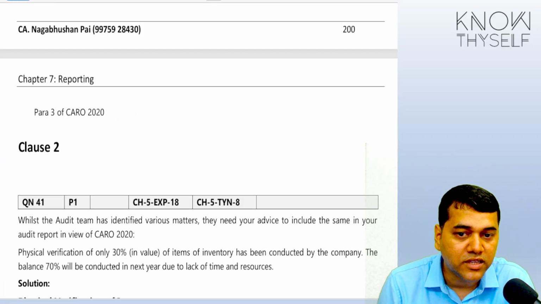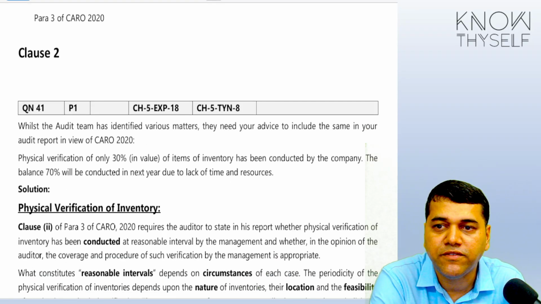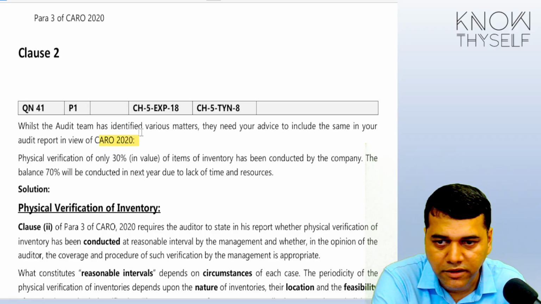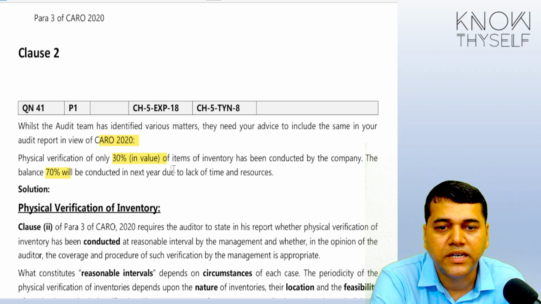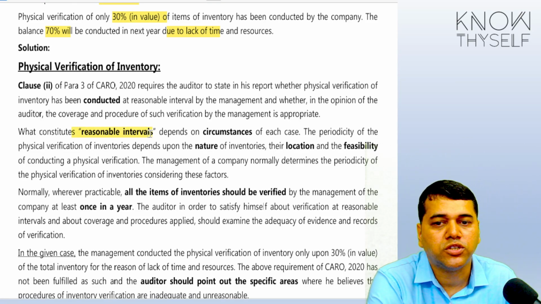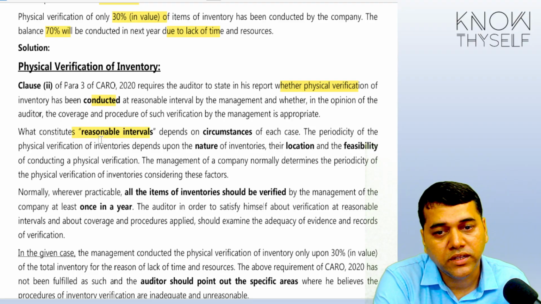Yes, now you see there are 3 questions. Test your knowledge. 8. While the audit team has identified various matters, they need to advise in the CA Final FR. Okay, keyword is identified. Physical verification of only 30% value of the items were conducted and balance will be conducted next year. No, you have to say wrong. You have to have what constitutes reasonable interval. Whether the physical verification of the inventory has been conducted. Now, what is reasonable interval?